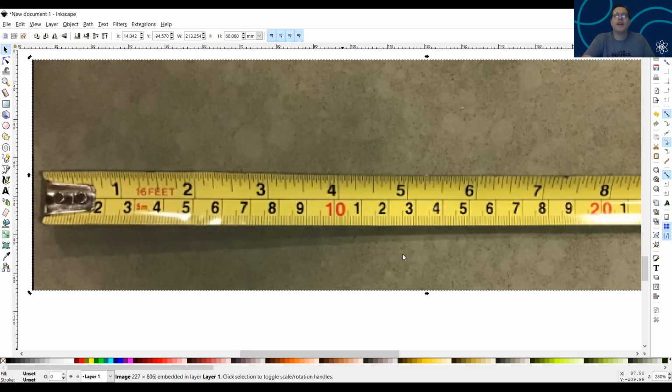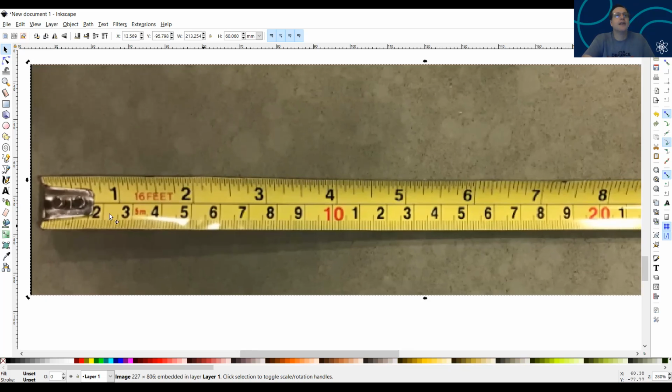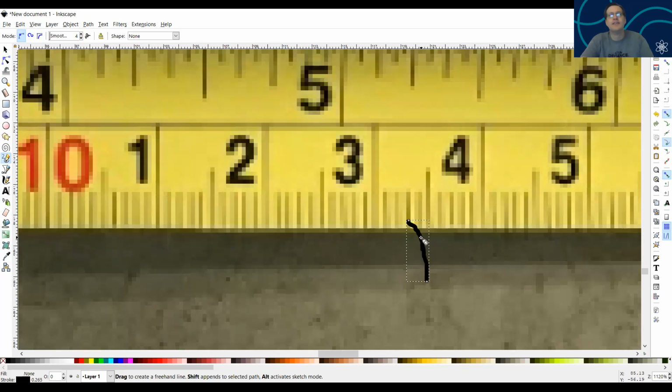But if I wanted to say measure, I don't know, that did not switch my tool. Switch tool. I want to measure there. Let's zoom in. My very high resolution photo there. Still close enough. I can still read.